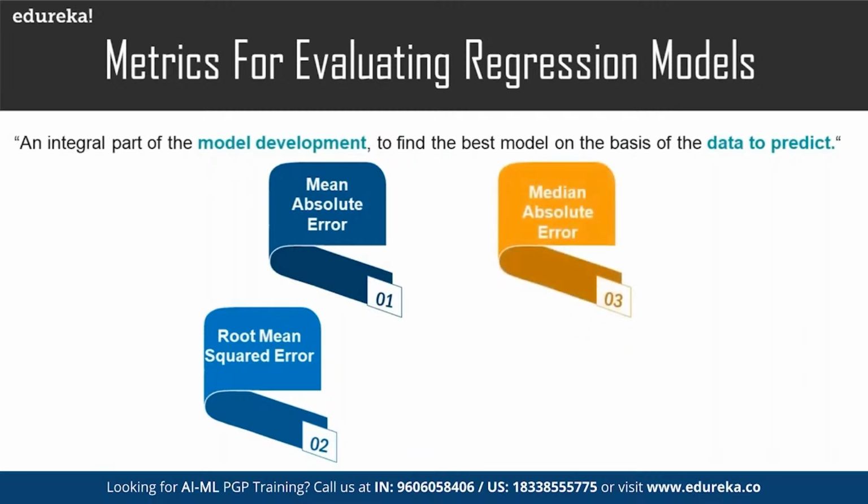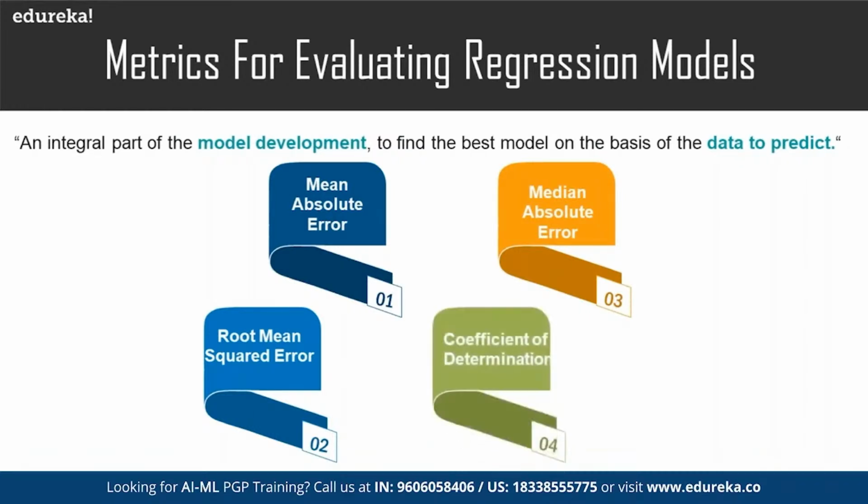So again, RMSE is very important. Median absolute error is also important, but we don't usually use it as frequently as RMSE and MAE. And the coefficient of determination, otherwise called R squared, is also used very much, but let me go ahead and talk about RMSE, because that is being predominantly used in the industries.